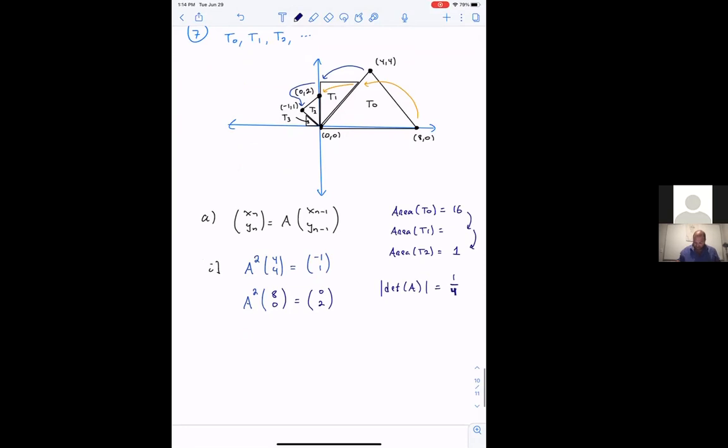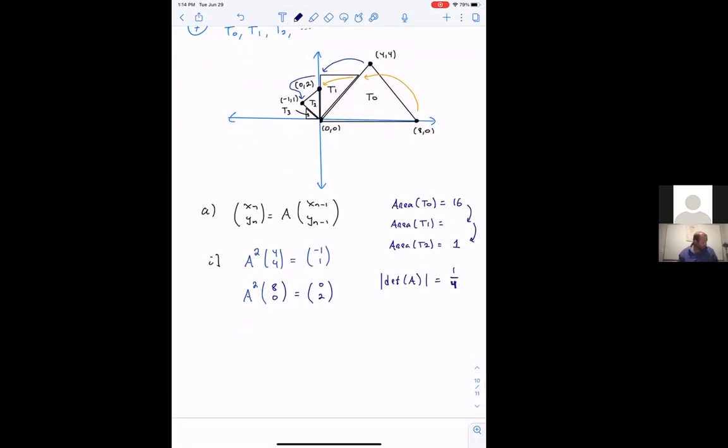Now, what exactly is the form of A? A is an anti-clockwise rotation. So A is equal to an anti-clockwise rotation. Well, if I look at my formula book, that's cosine theta, negative sine theta, sine theta, cosine theta.